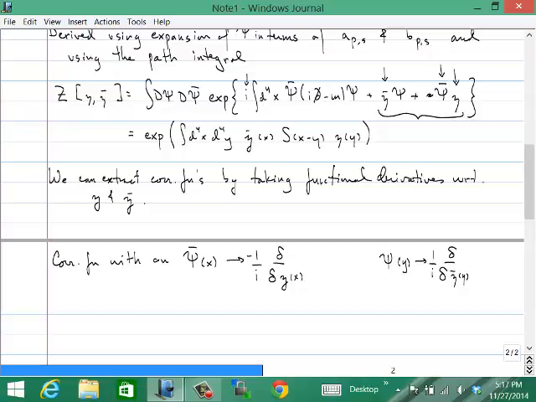So for a tree diagram, this will uniquely determine all internal momenta. Whereas for a loop diagram, we need to integrate over the undetermined momentum.